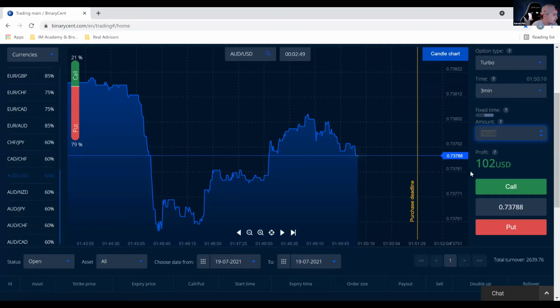So obviously now that we do that, 262, we add 262 to 168 for our final compounded trade.